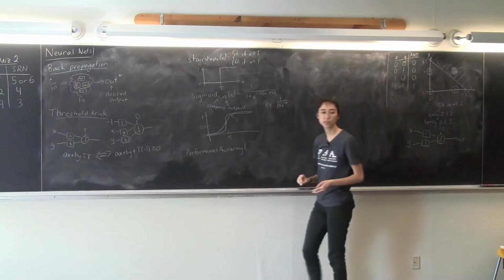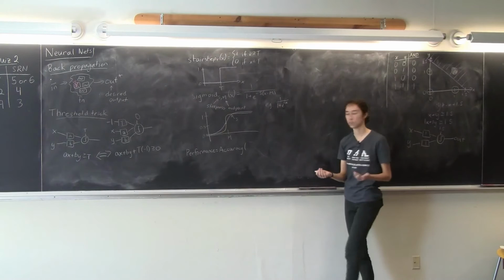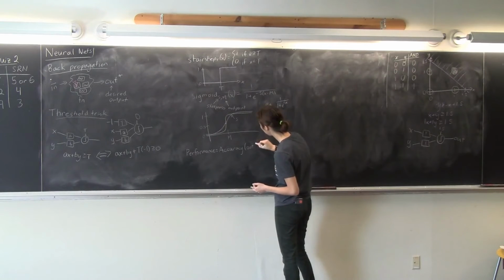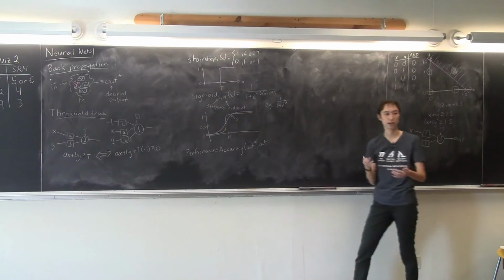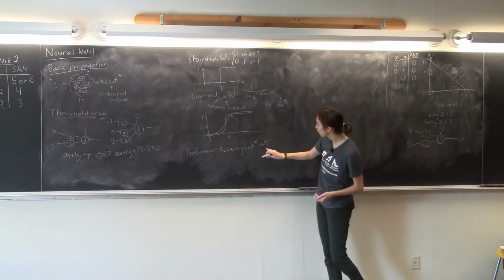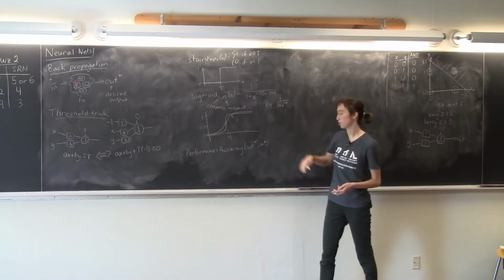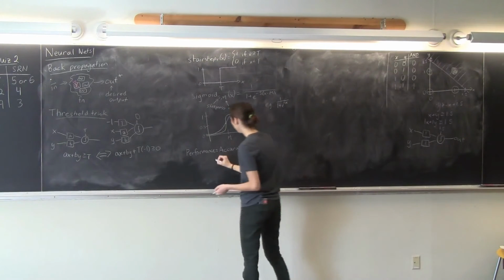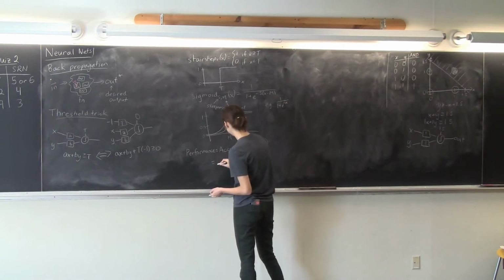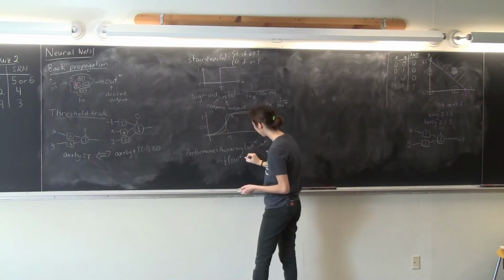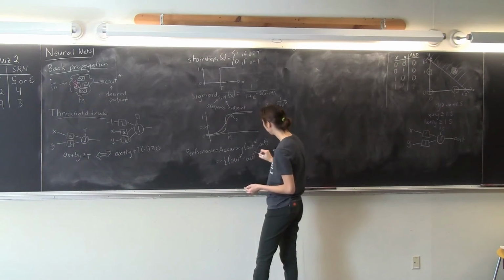The accuracy function will take in the desired output and our current output. The desired output will be either a 0 or a 1, depending on the desired classification. And our actual output will be, if we're using a sigmoid function, some value between 0 and 1. And that's going to be equal to negative 1/2 times the desired output minus the actual output, squared.